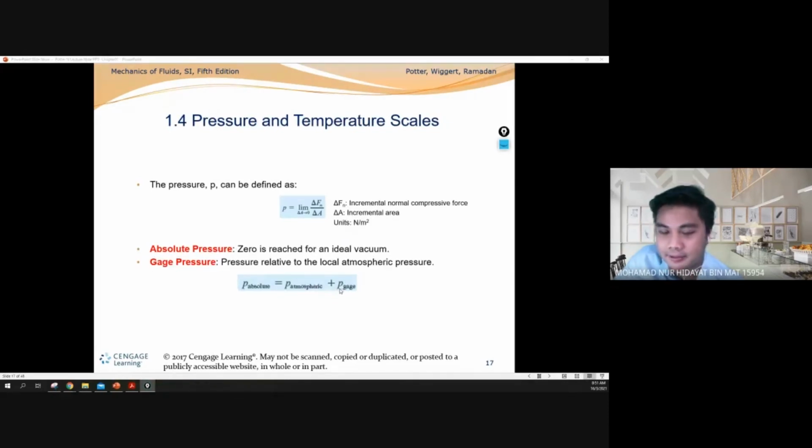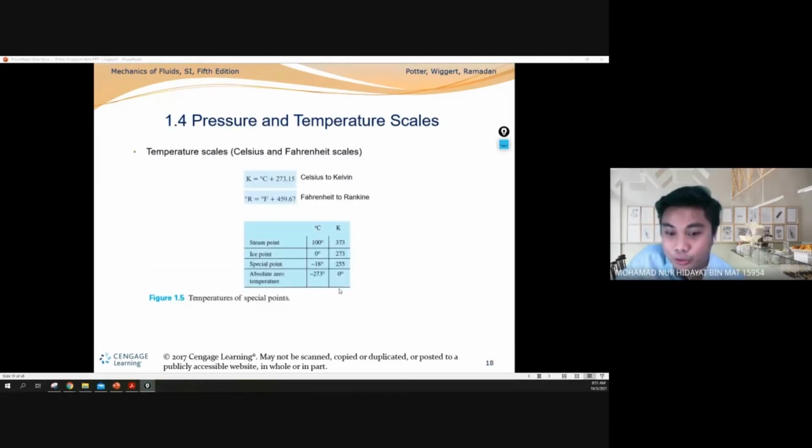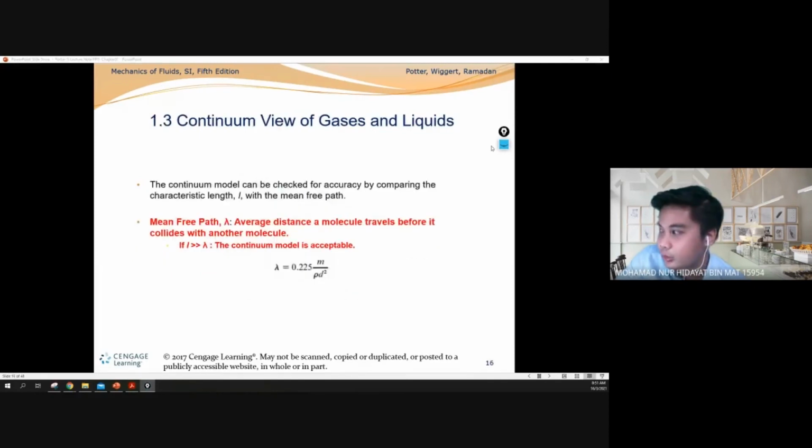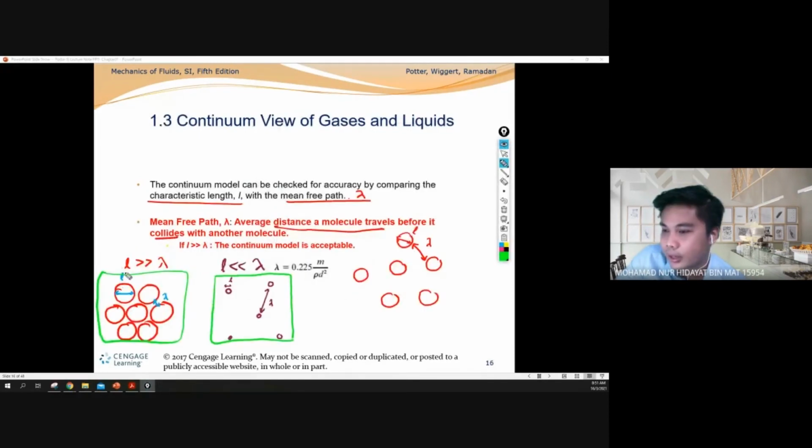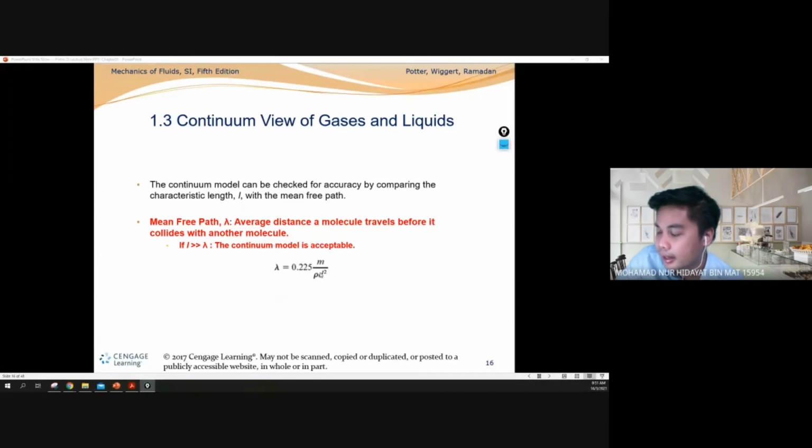That is very simple basically. But you need to understand this: when L is far bigger than lambda, it is continuum. When it is continuum, you can use this equation to find, for example, the lambda when the question gives you the properties of the substance or molecule: the mass, the density, the diameter.